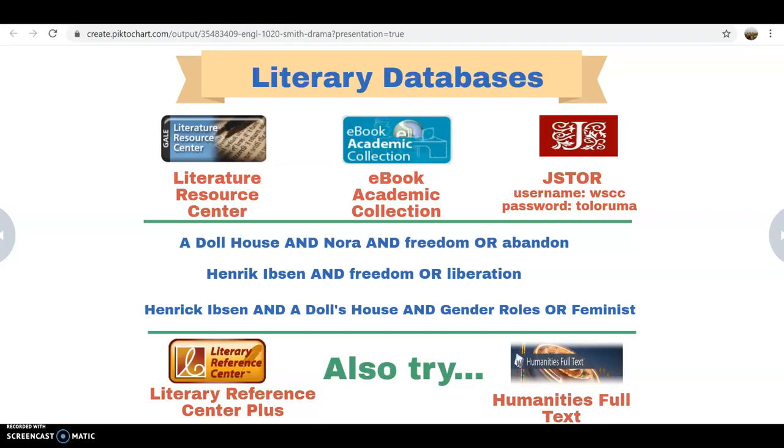Okay, so we're also going to be using those Boolean operators that we learned about in 1010 and other classes. So I might research A Doll's House and Nora and freedom or abandon. I might think about Henrik Ibsen and freedom or liberation.